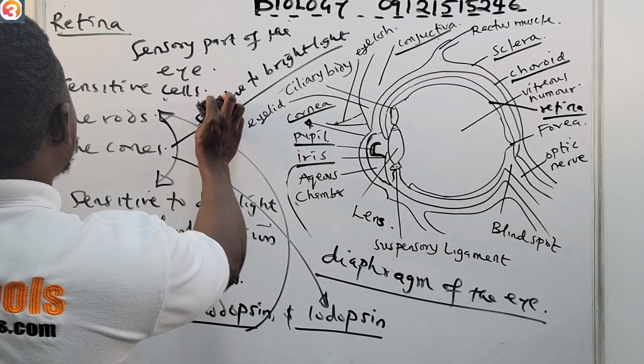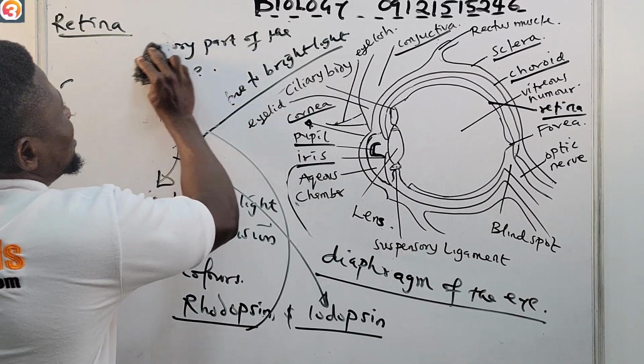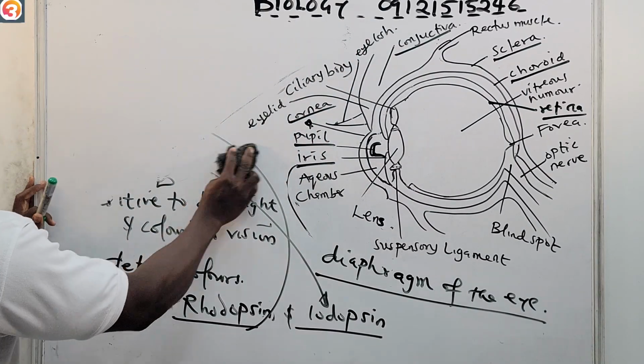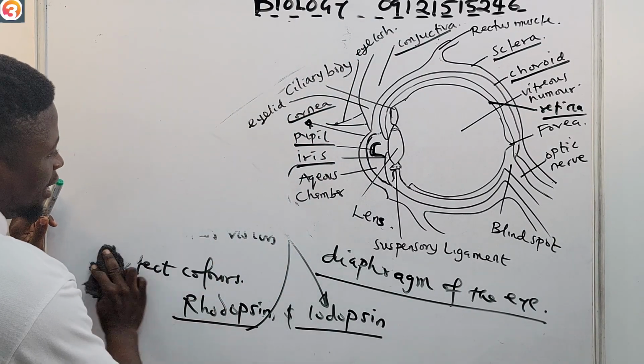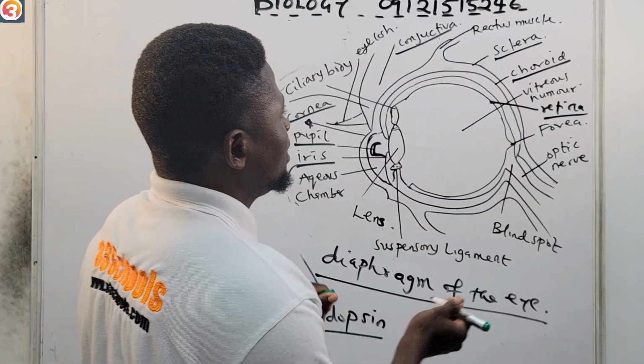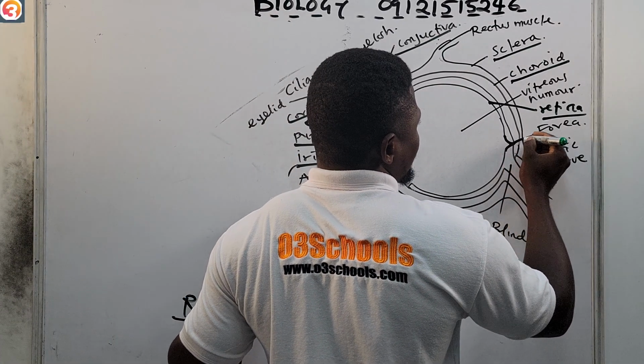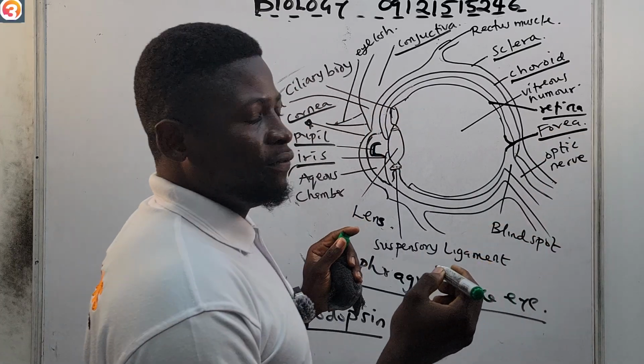Then likewise, it's important to know that the most sensitive part of the retina is the fovea. The fovea is shown in the diagram. Where is it? This is the most sensitive part of the retina, this place here. This is the fovea, F-O-V-E-A.